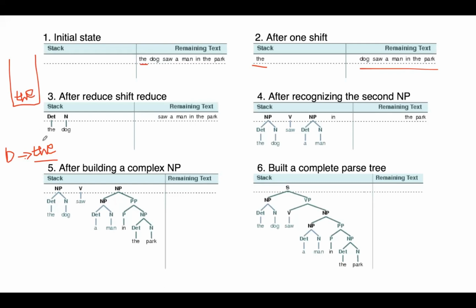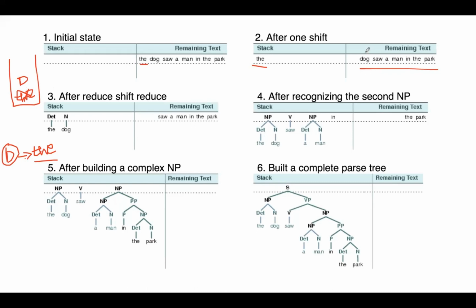If there is a match, replace that word with the LHS of the production. So remove the from the stack and replace it with determiner. This is after one reduce operation.